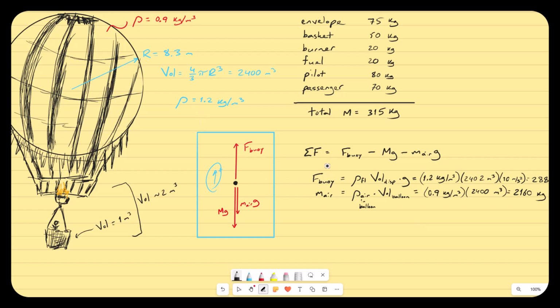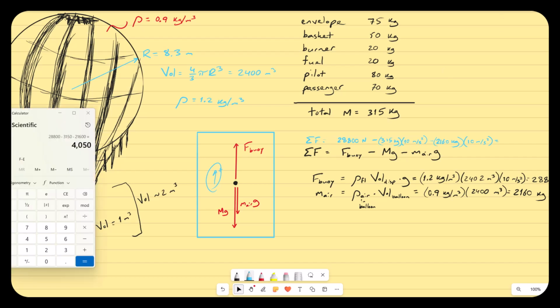Let's see what we are working against. We have 28,800 newtons minus 315 kilograms times 10 meters per second squared minus 2160 kilograms times 10 meters per second squared, and we end up with a net force of 4,050 newtons.